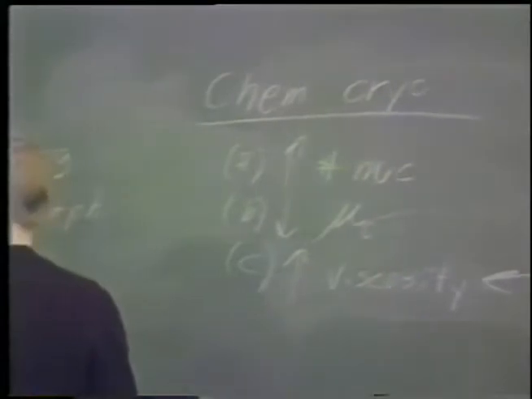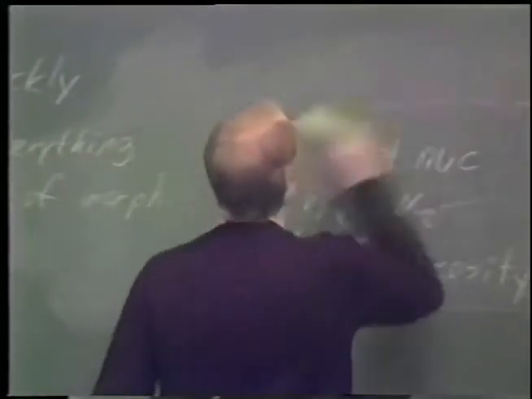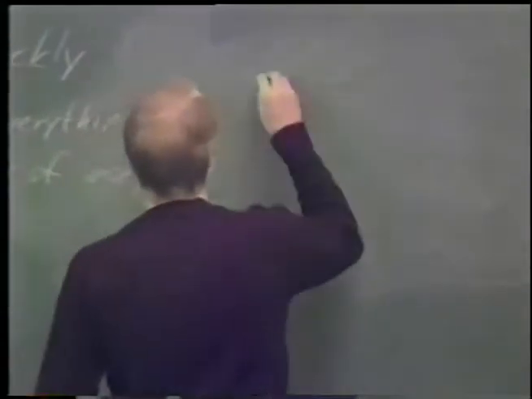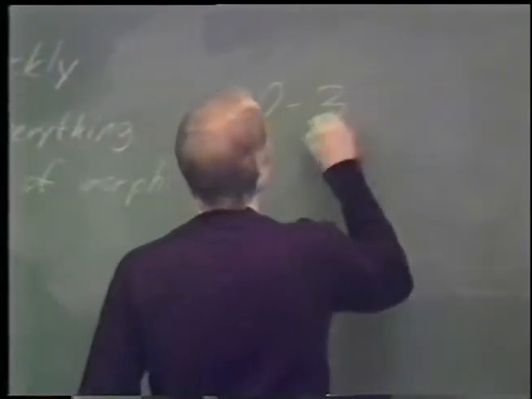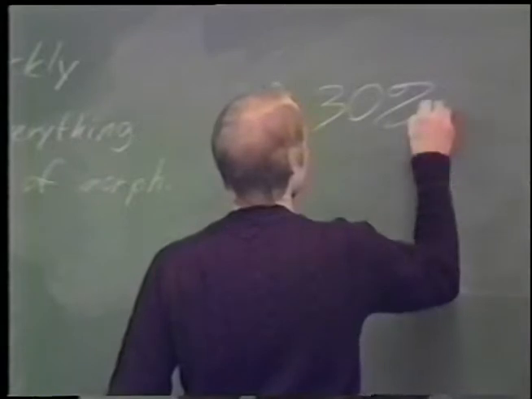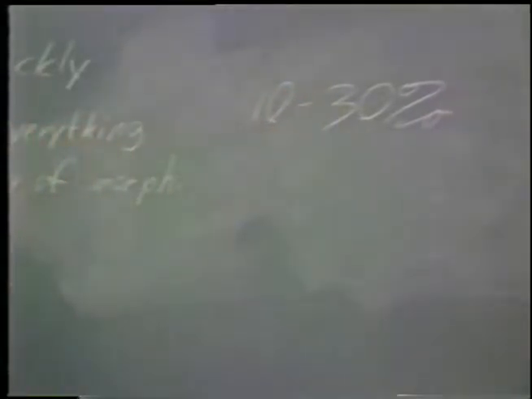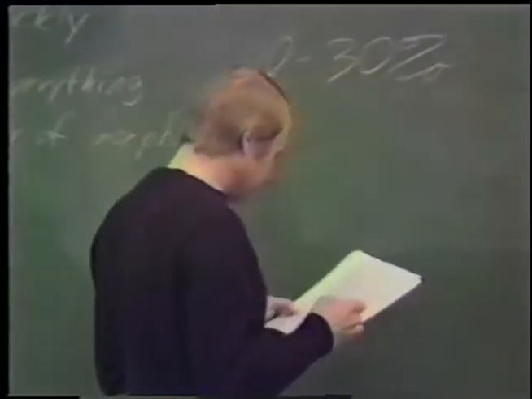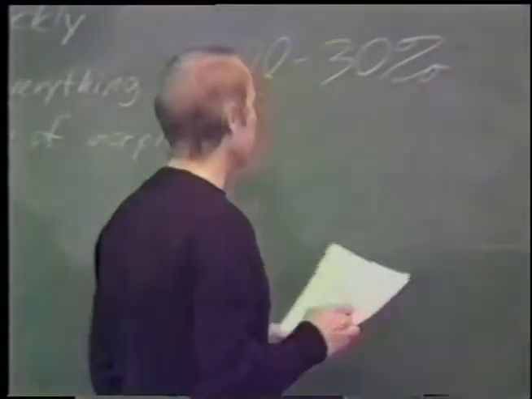Now, typically, one uses concentrations of 10 to 30% of penetrating or non-penetrating cryoprotectants to preserve cells. We're going to talk about penetrating cryoprotectants first. The most common one, of course, is glycerol.